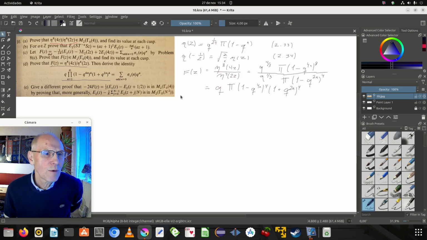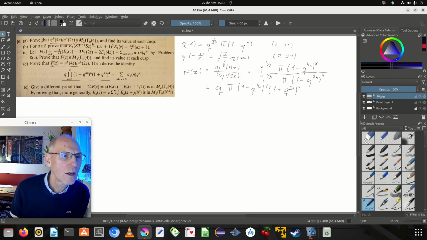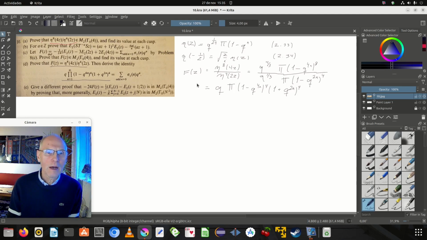But let's see what it does at the other spot, at 0. Well, let's wait a little with that. Oh, we have to prove that it lies in gamma naught. So I believe we should use problem 9 and work on it.